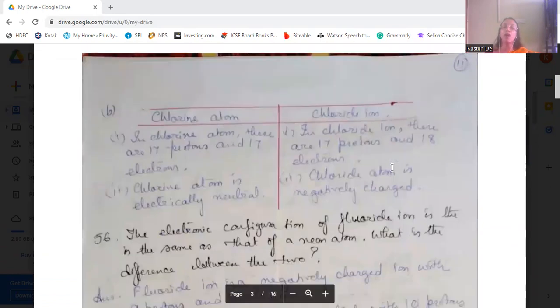Next we come to chlorine atom and chloride ion. The chlorine atom has 17 protons and 17 electrons, so it's electrically neutral. Okay.